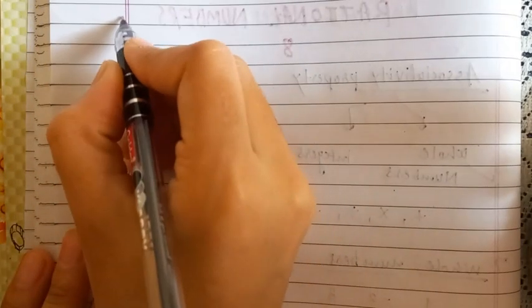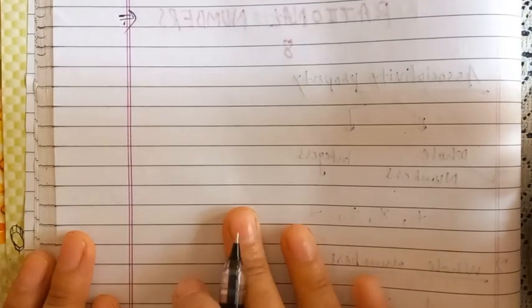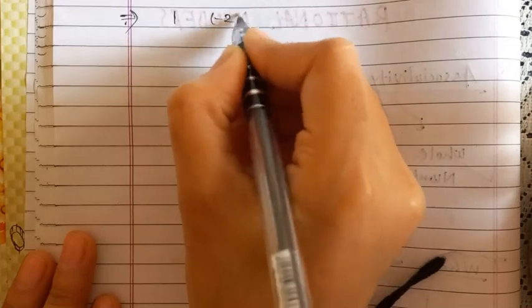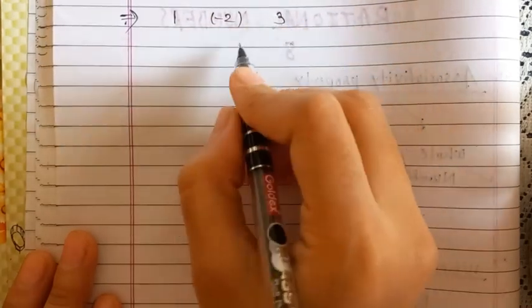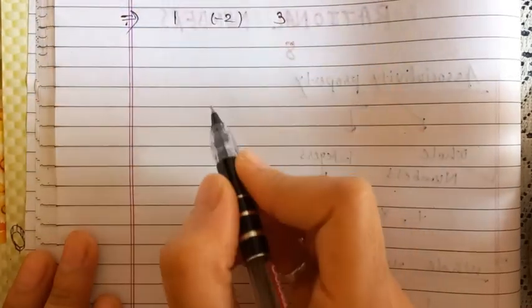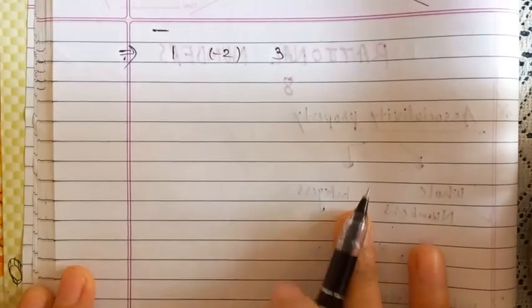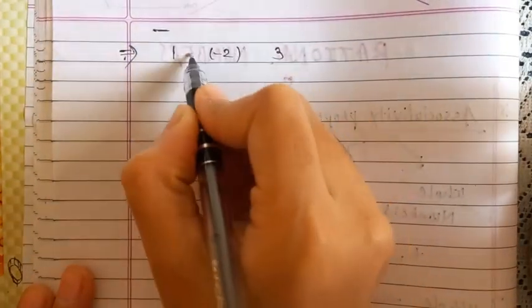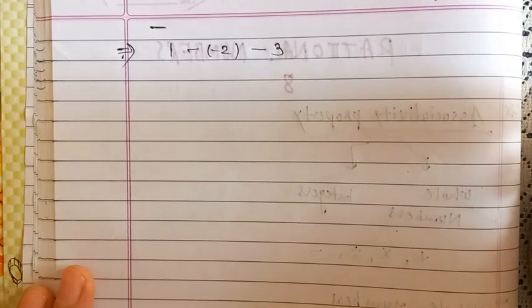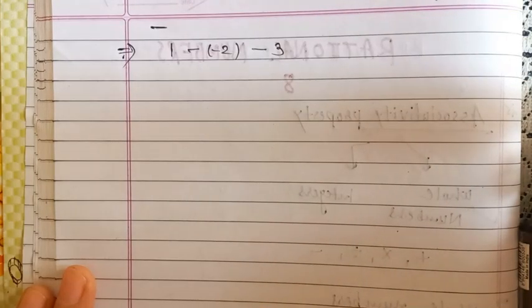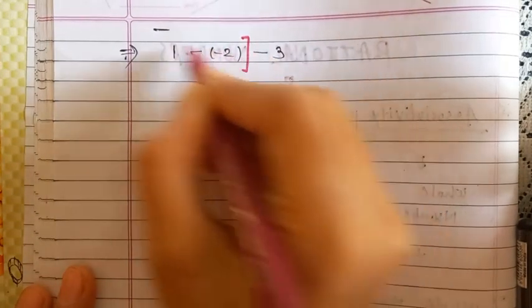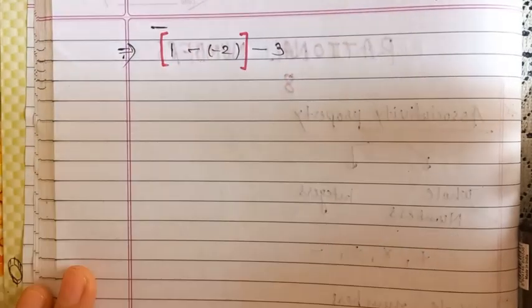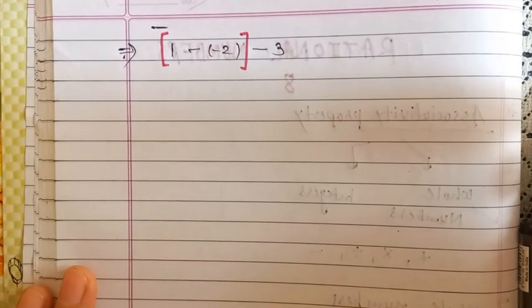So we will take the same numbers as we took previously: 1, -2 and 3. Now we are checking associativity for subtraction. So test it. As we did previously, make the first group of 1 and -2.